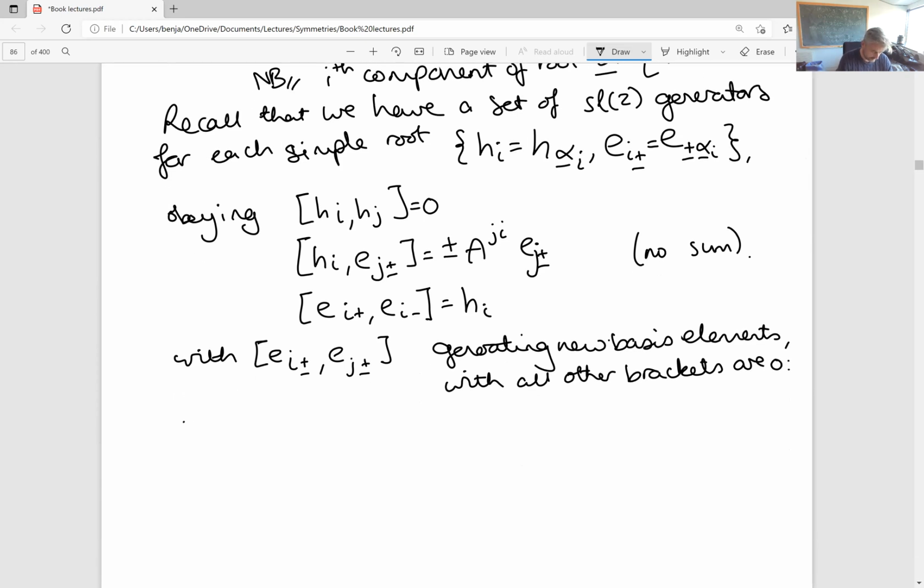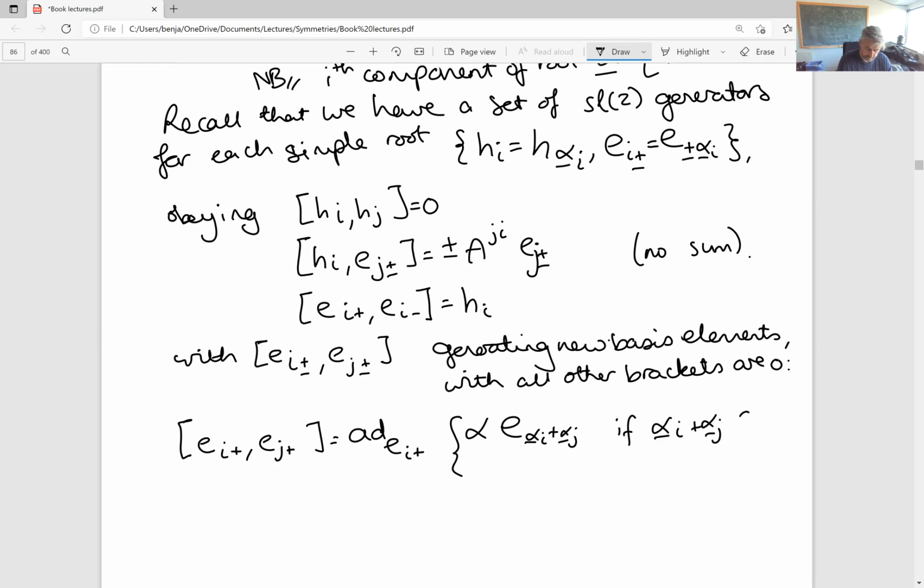So we have, for example, that adjoint of E_i plus on E_j plus is proportional to E_(alpha_i plus alpha_j) if alpha_i plus alpha_j is in the root set, and 0 otherwise.